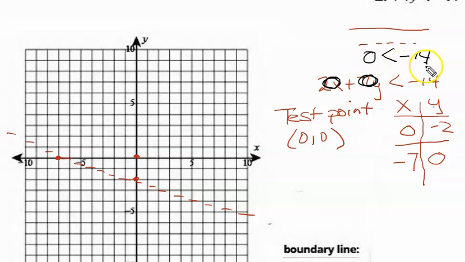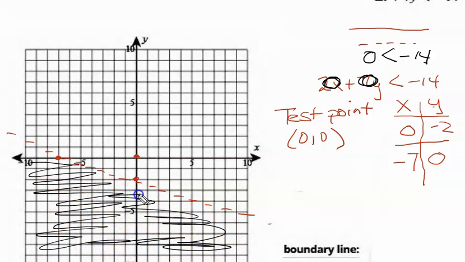Now, is that true? No, 0 is greater. So this is not in the area of solution. So we're going to shade below. And again, when you do this, you get a bucket of paint slosh out. You had to pick out a dotted line and the bucket of paint.